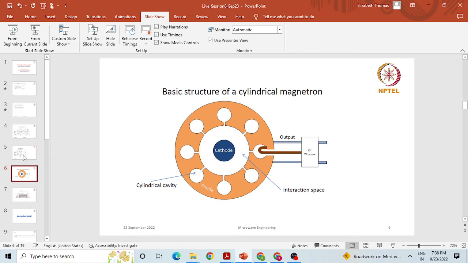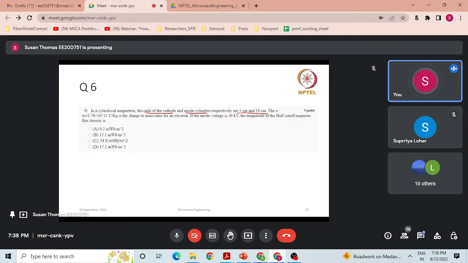Let us look at the question here. The radii of the cathode and anode cylinders are given as 5 centimeter and 10 centimeter. If you have gone through the video lectures, you might have come across these. How do we denote these?